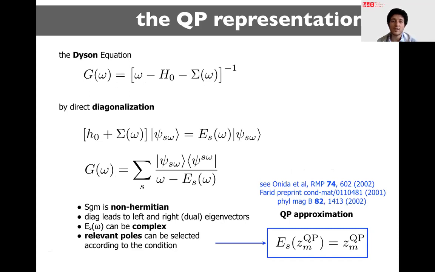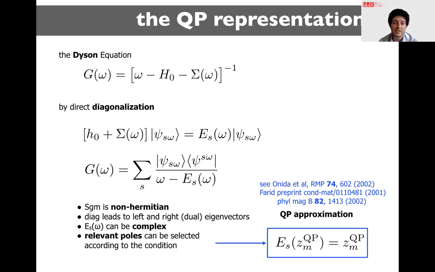Okay, alternatively, one could just take the formal solution of the self-energy and consider the frequency as an external parameter, diagonalize the equation with this frequency parameter, and obtain this other expression for the Green's function, where the frequency is now a parameter for the left and right eigenvectors, as well as for the energies.